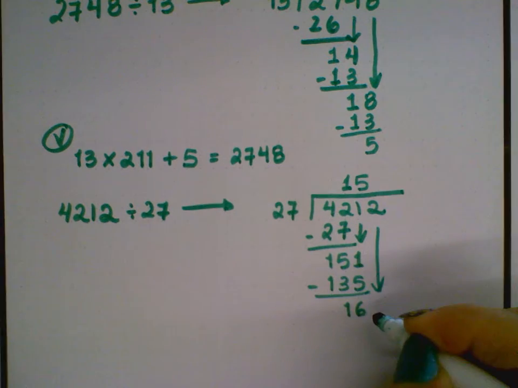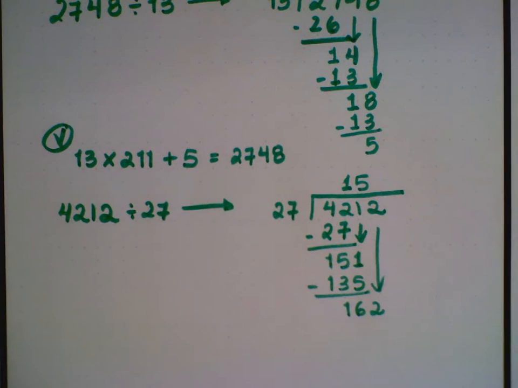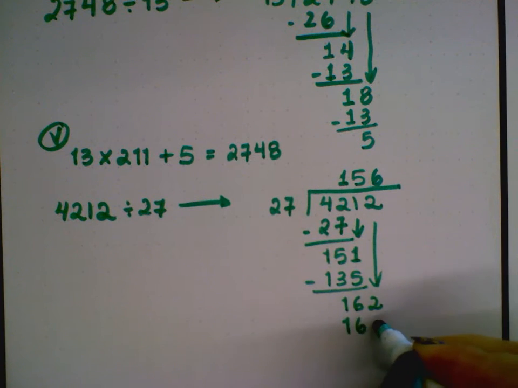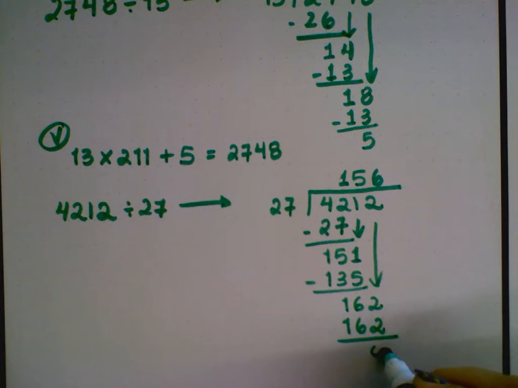Drop down the 2. And then 162 divided by 27 is 6 exactly, which means I have no remainder.